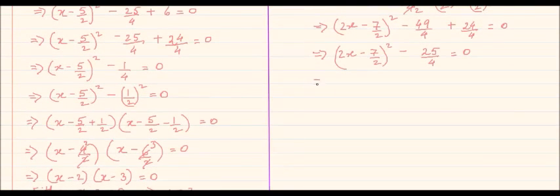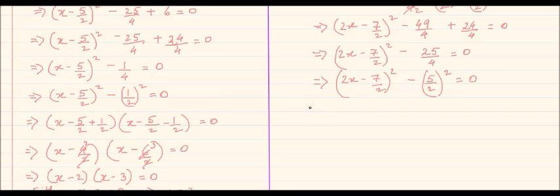So we have (2x − 7/2)² minus (5/2)² is equal to 0. Again we are getting the a² − b² form. And a² − b² is nothing but (a + b)(a − b), and a in this case is 2x − 7/2 and b is 5/2.